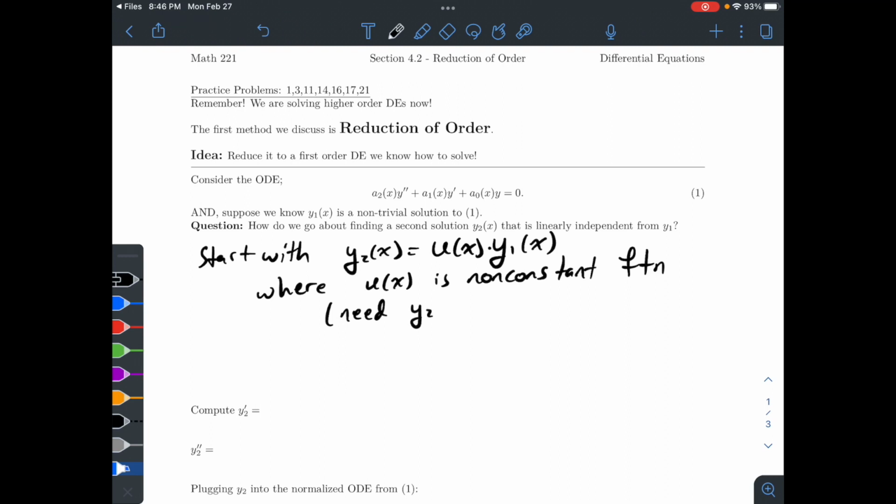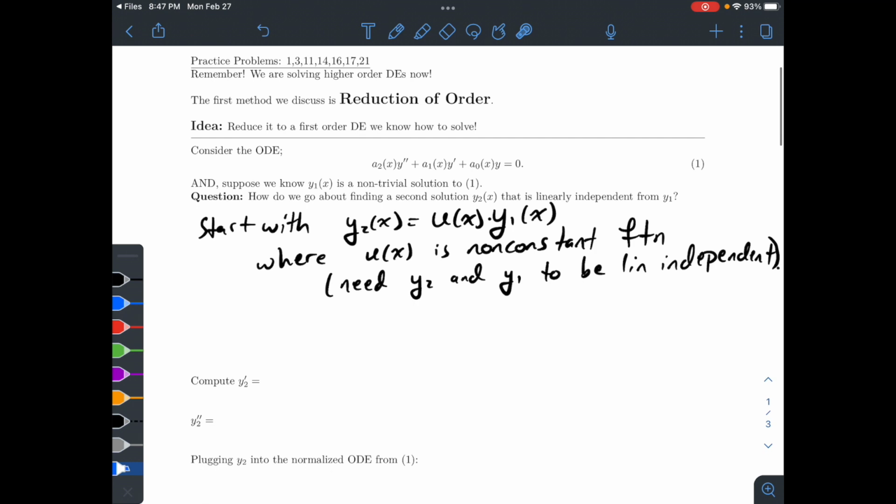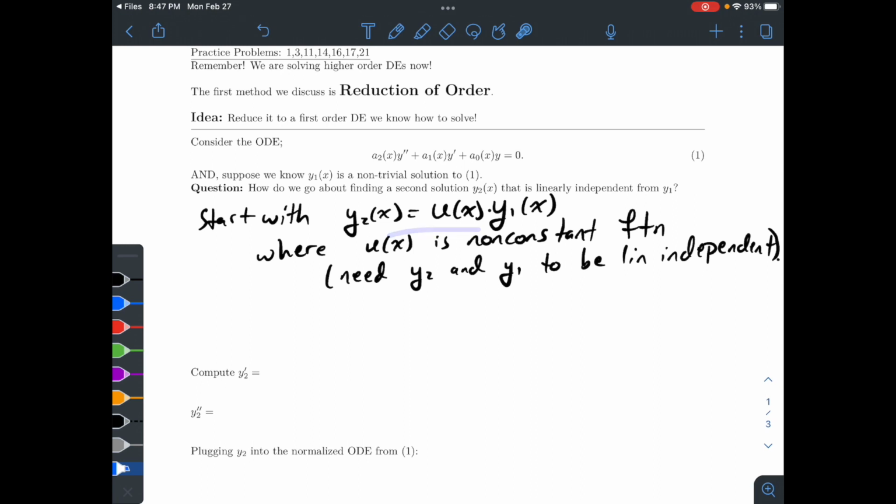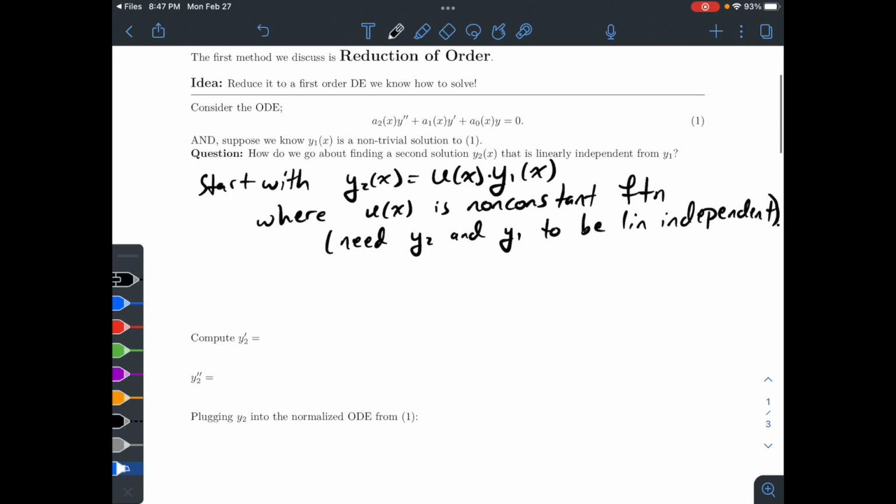Well, we need y2 and y1 to be linearly independent. If u was constant, if y2 was a constant multiple of y1, then they would not be linearly independent. They'd be constant multiples of each other. So this is an assumption that we're placing here, and this assumption just works out just fine.